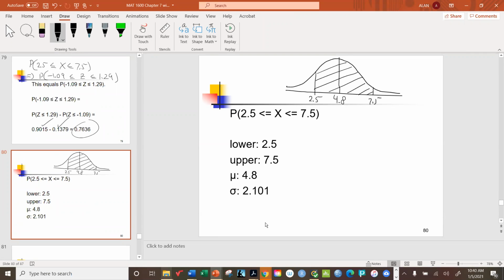Okay, so if you plug those into your calculator, let's see what we get. All right, so on my calculator, I'm getting 0.7638.